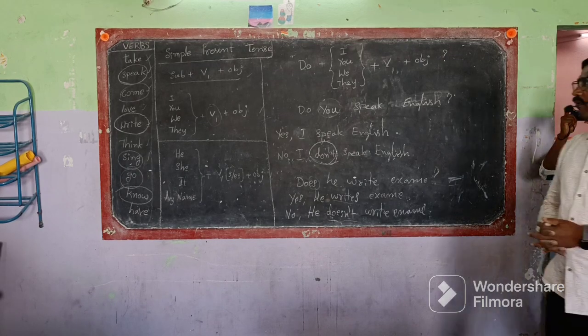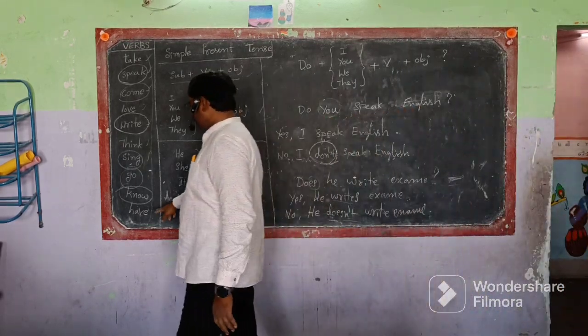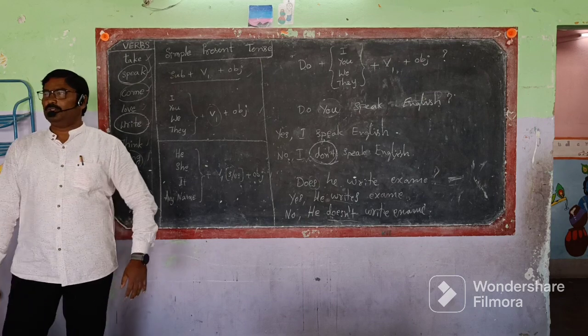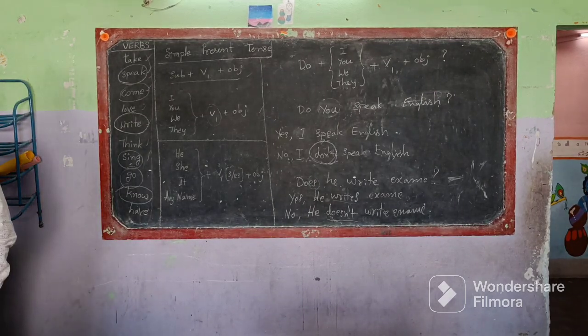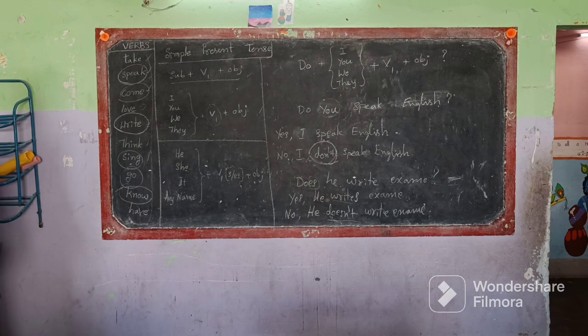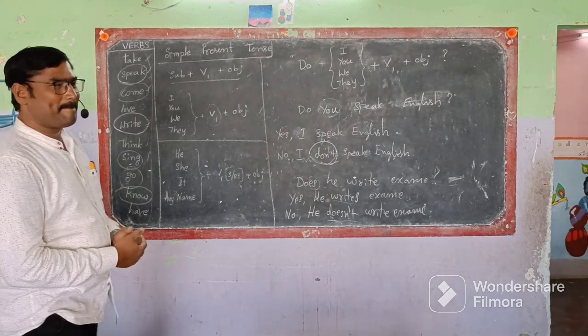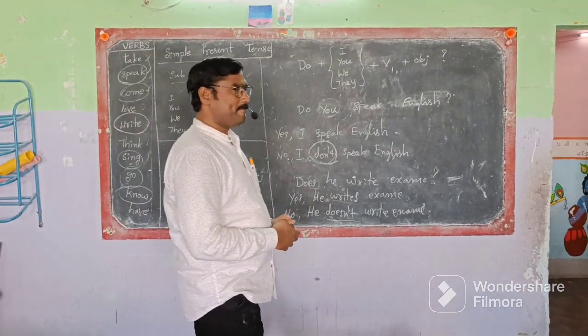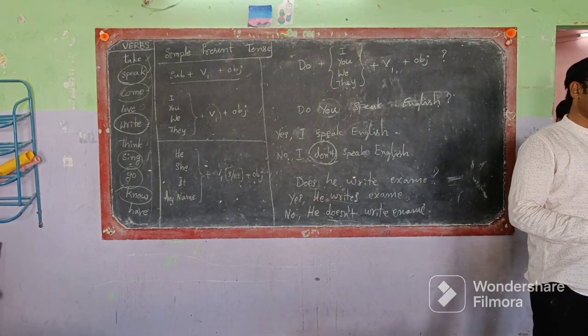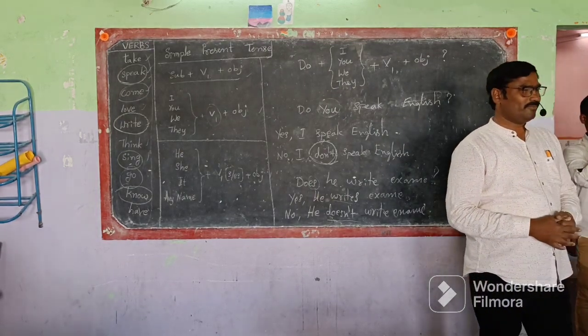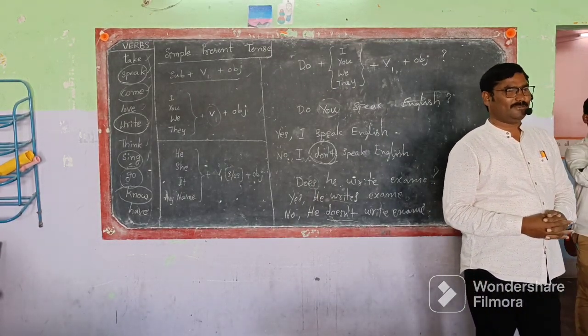Do you have? You use the verb have. So, do you have money to pay exam fee? Very good. Next. Do you have siblings?